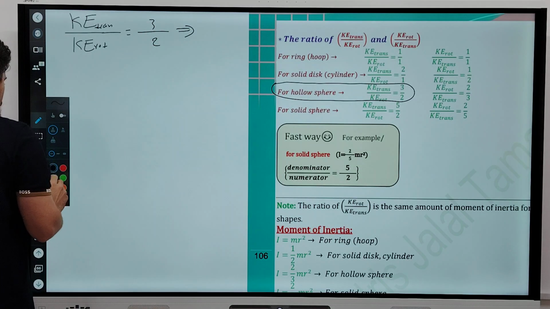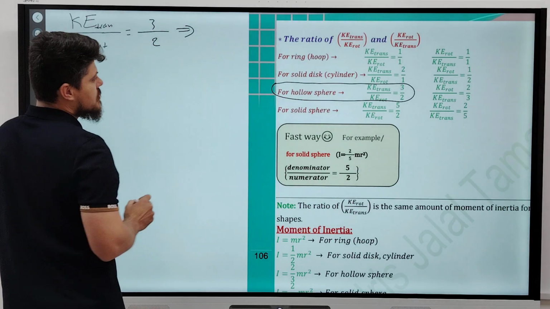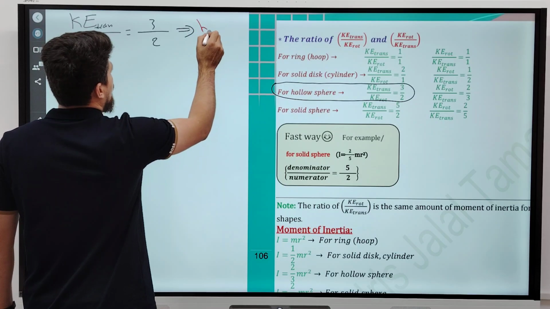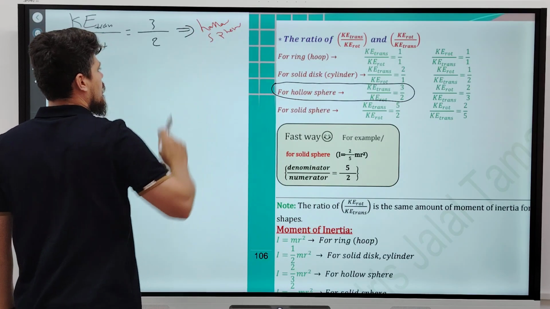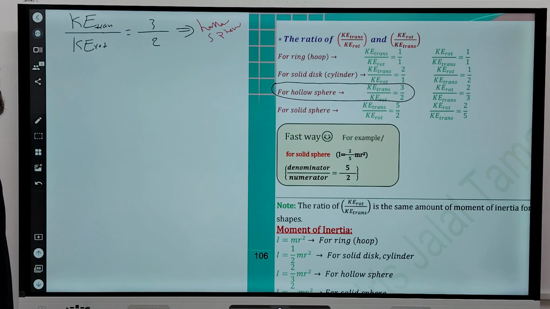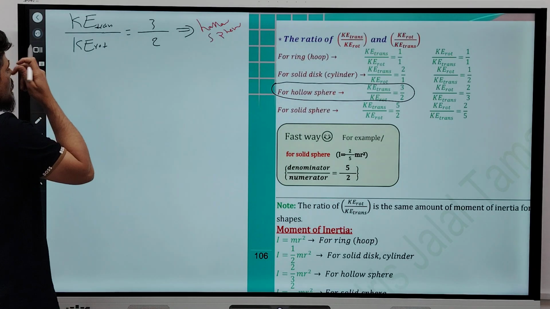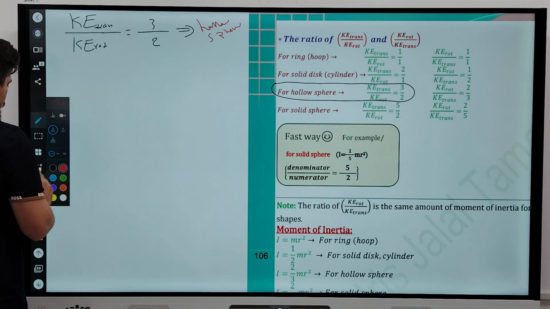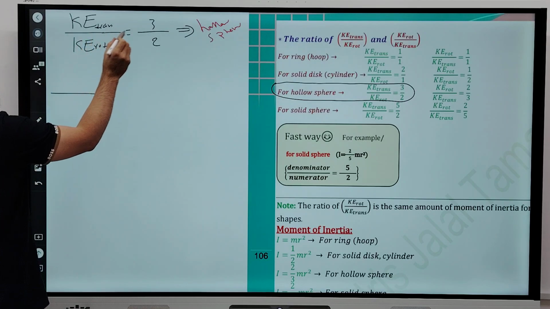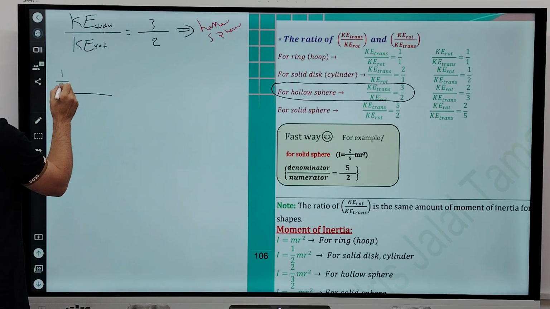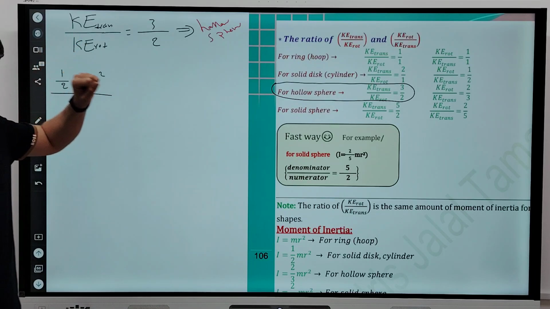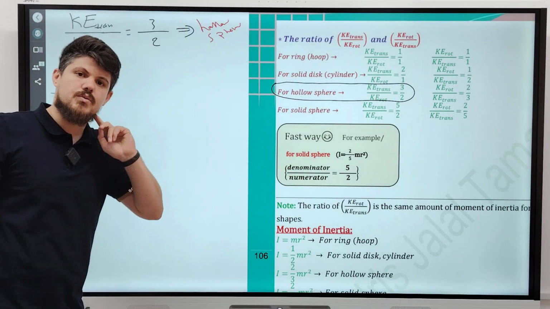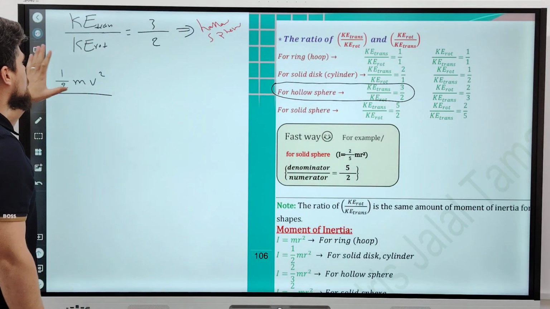This is for the hollow sphere. We have to start from here. Translational kinetic energy is equal to what? 1/2 mv squared. Translational kinetic energy is always equal to 1/2 mv squared for every shape.